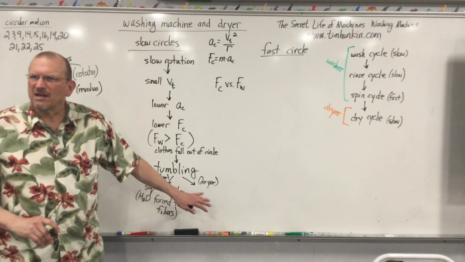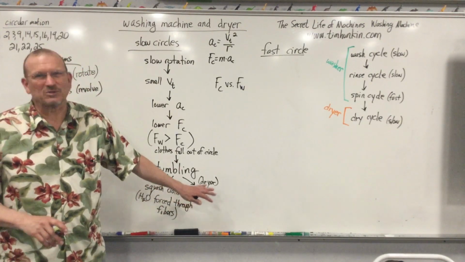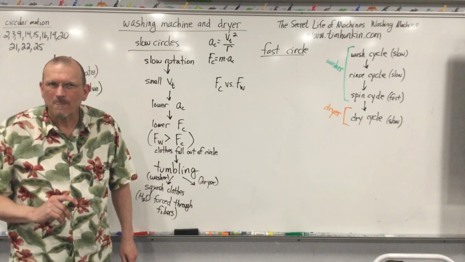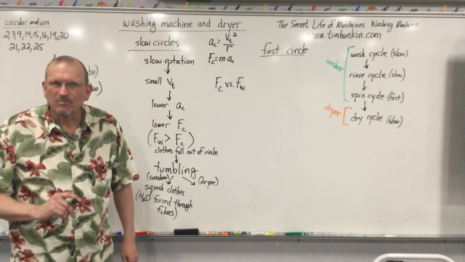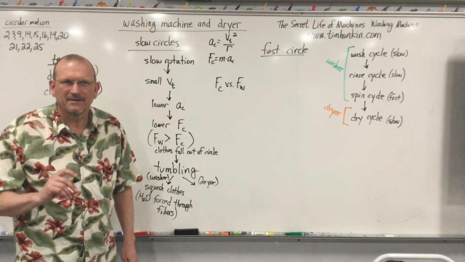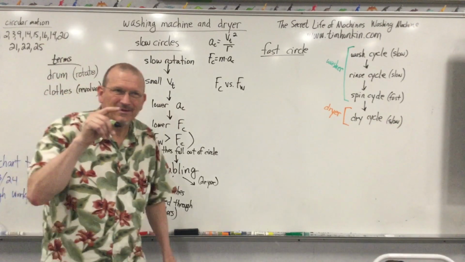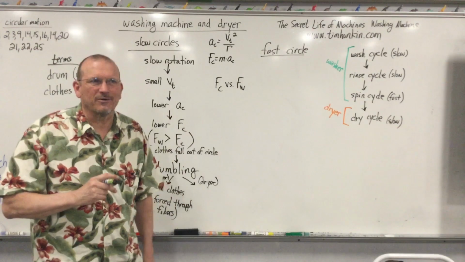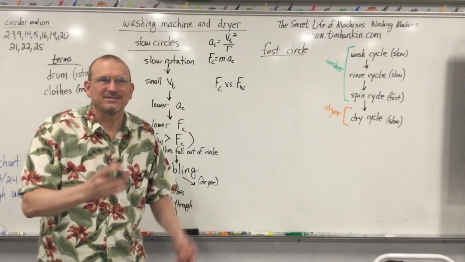Why do we want them to tumble in the dryer? This one's really clever. How does the dryer dry clothes? What's the main way that it does it? It gets rid of water, but what does it do to get rid of that water? Heat.